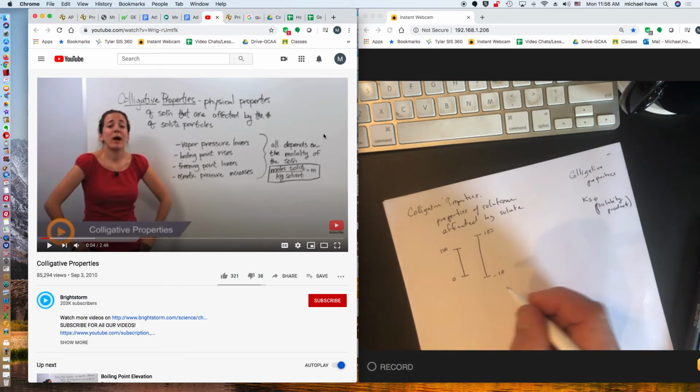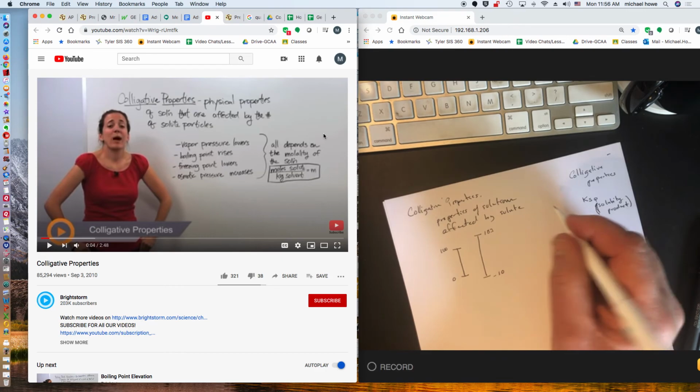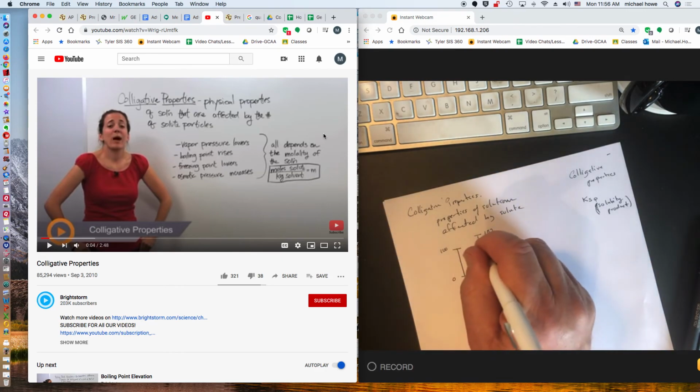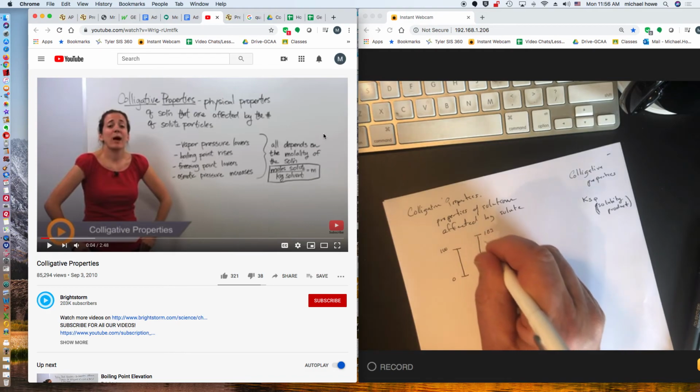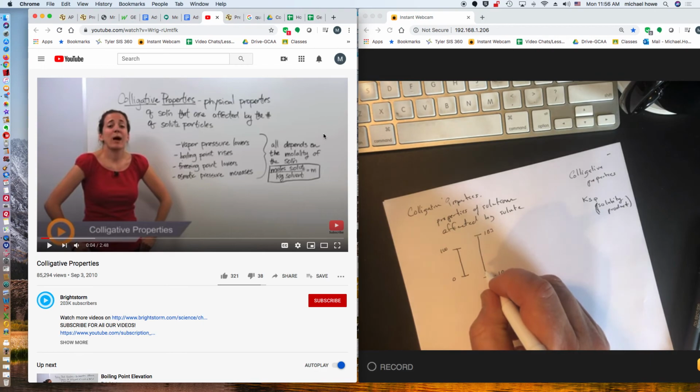So it expands the liquid range, and this is relevant when you put antifreeze in a car radiator. The antifreeze prevents boiling over in the summer. It raises the boiling point so that the engine can be hotter and the coolant will not boil. And in the winter, it keeps the coolant in your car from freezing. So it lowers the freezing point.